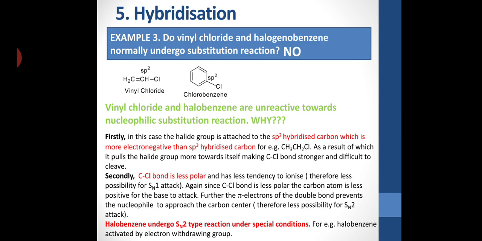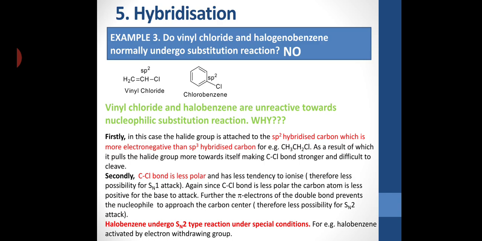Moreover, the pi electron cloud prevents the nucleophile to approach the carbon center. Therefore, less probability for SN2 attack also. Hence, vinyl chloride and halogenobenzene are unreactive towards nucleophilic substitution reaction.